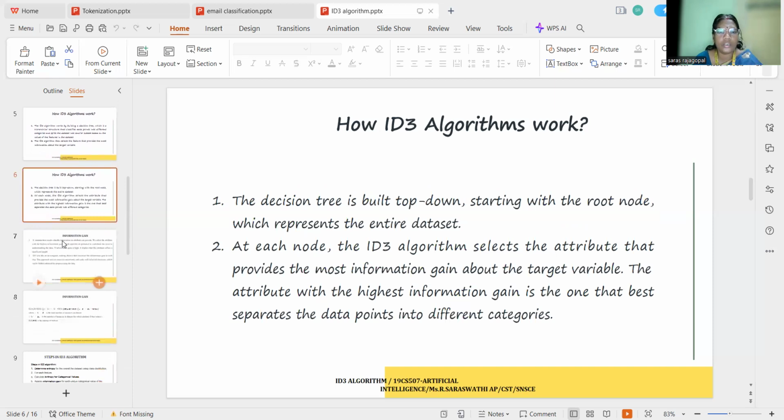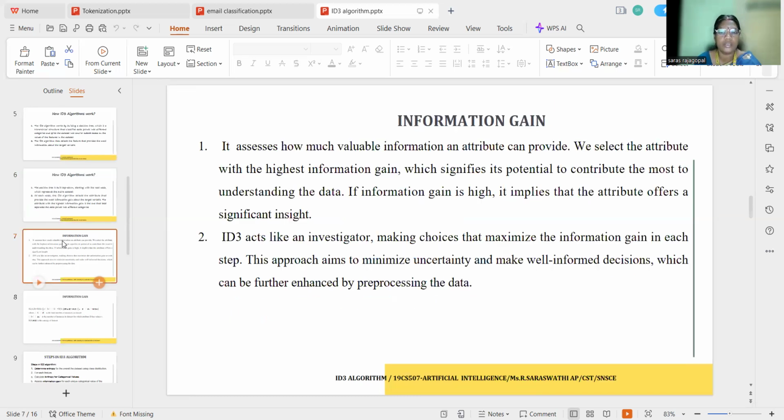The decision tree algorithm is a top-down approach starting from the root node, which represents the entire dataset. At each node, the ID3 algorithm selects the attribute that provides the most information gain about the target variable. The attribute with the highest information gain is the one that best separates the data points into different categories.